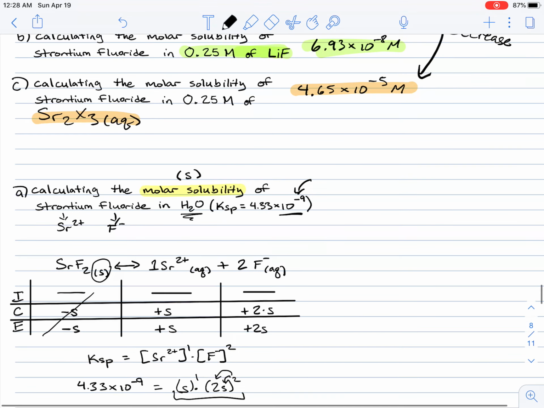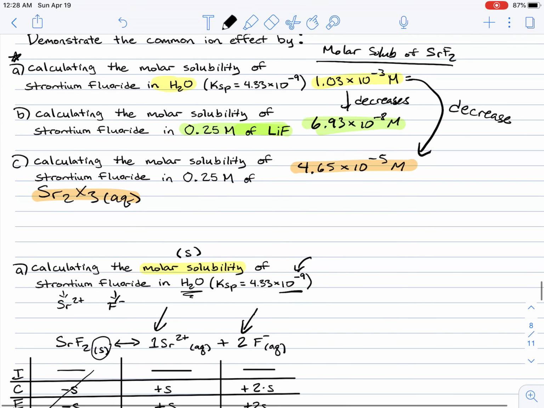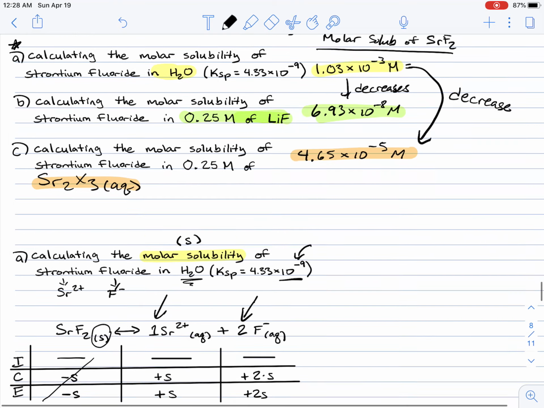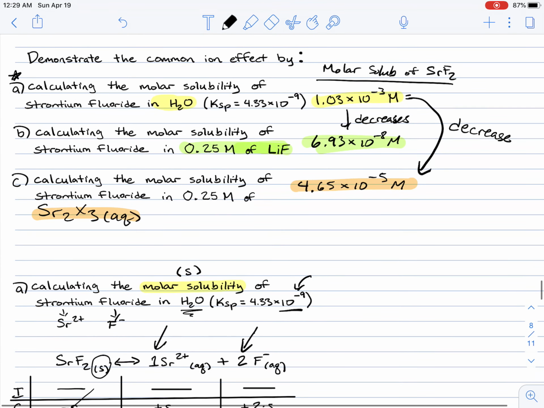The reason why is because of this ratio, right? So you have more of the fluorides. And if fluoride is the common ion, it's going to have a greater effect in lowering the molar solubility of strontium fluoride compared to the strontium. And so this is the reason why we see a difference in value.